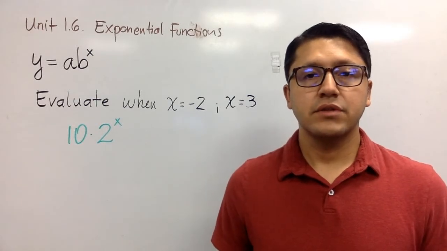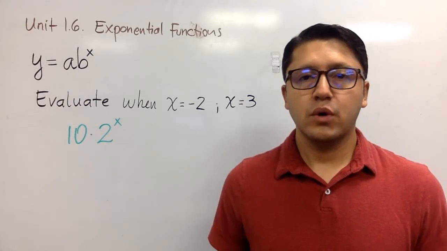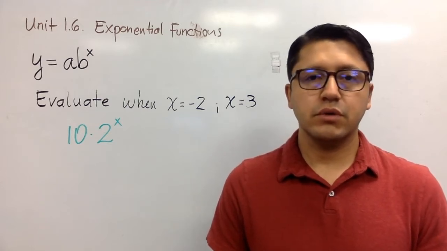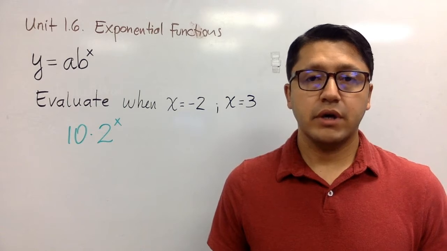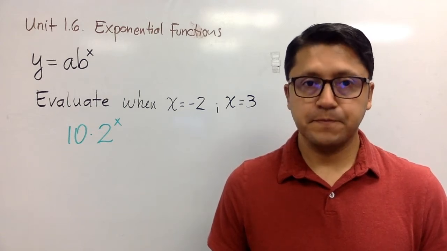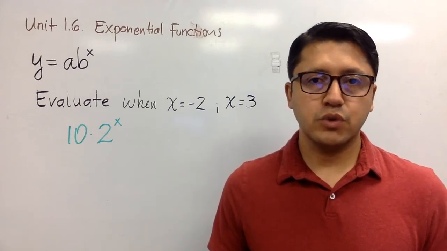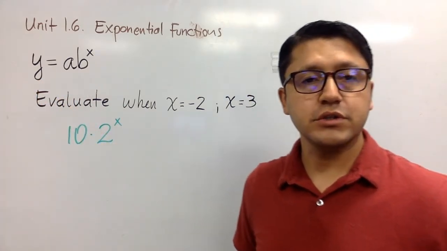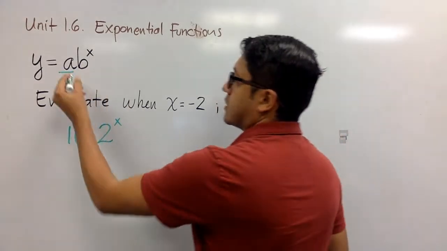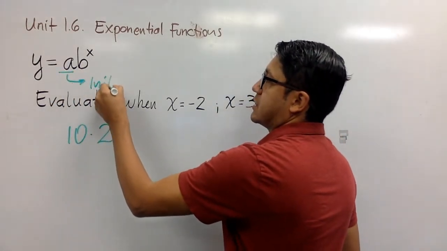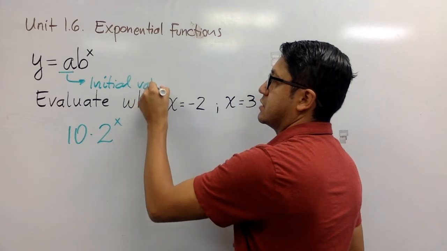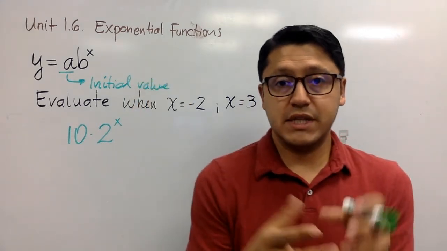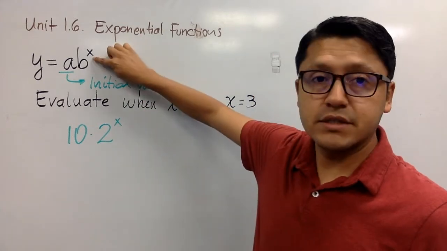Okay, guys, this is section 1.6 where we study some of the characteristics of exponential functions. We're going to start with evaluating exponential functions. First of all, I just want you to remember the general form of an exponential function, where a can be said to be the initial value, which is what happens at the beginning when x is 0.